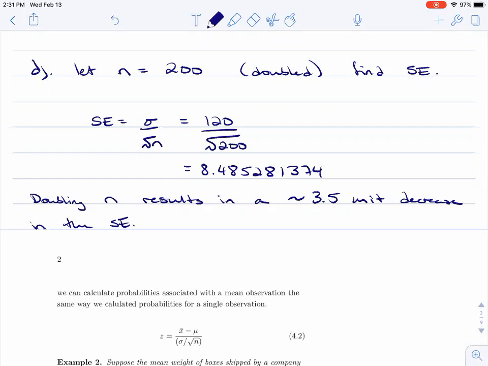Because we went from 12 at a sample size of 100, and when we went to 200, we've got a standard error of 8.48. Kind of quick and dirty math, 8.5. So doubling our sample size, just because of how square roots behave, doesn't cut our standard error in half, but it decreases it. Any questions about that one?